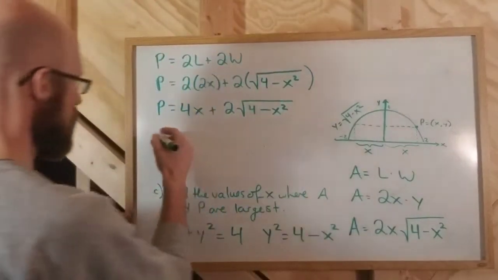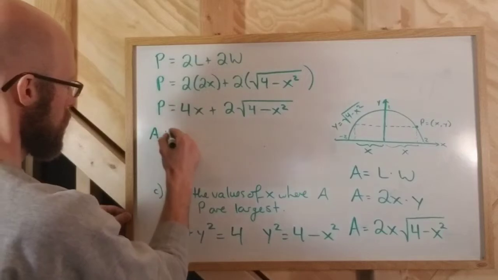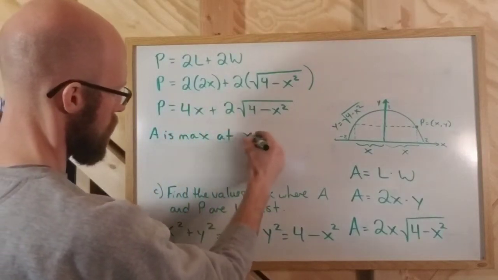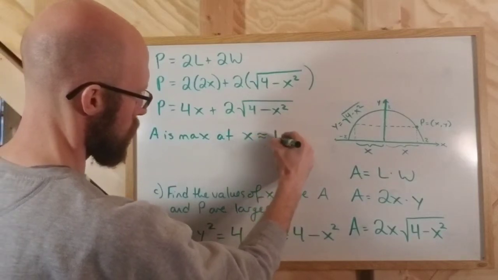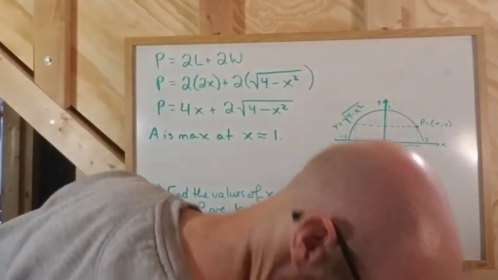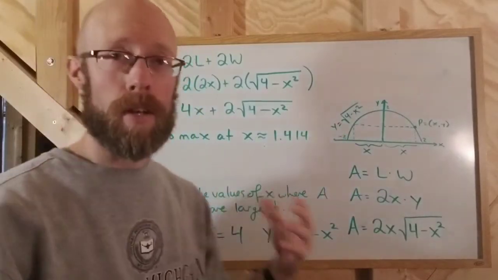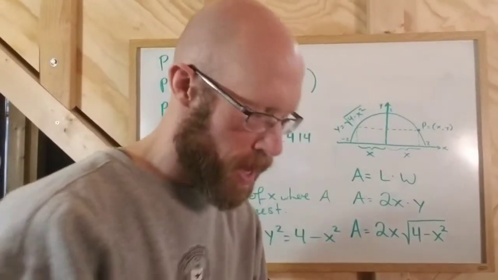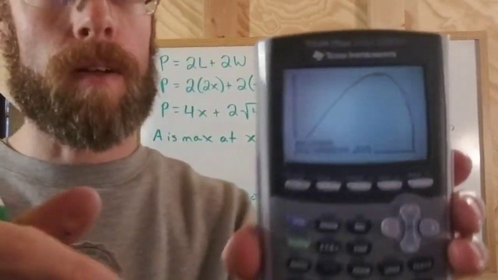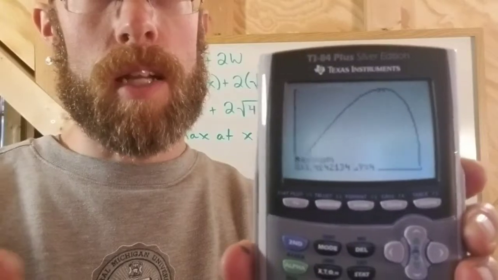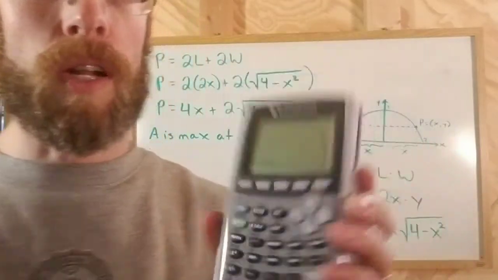So for the area, that's 1.414. And the area itself hits a maximum of 4 units, right? You can see that y value there. That y value is the area because that's the area function that I inputted into the calculator.